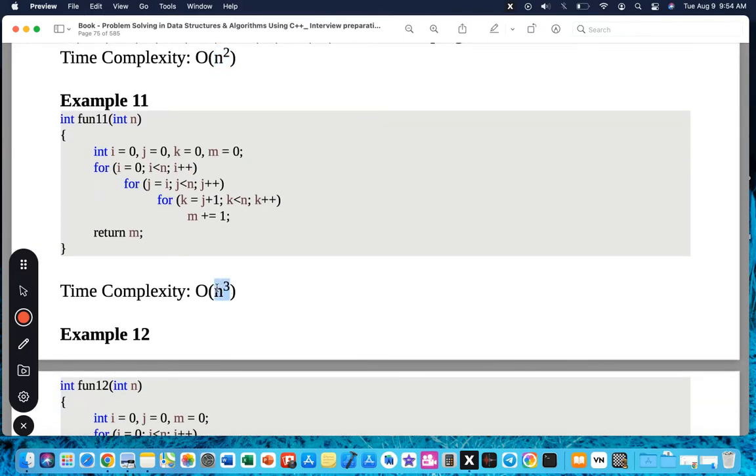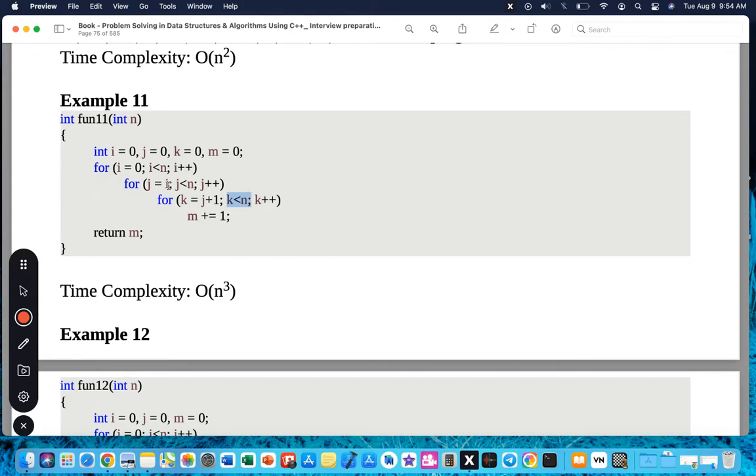Another example where the time complexity is n cubed. We have i and j and k, from 0 to n, similar to the previous example, from j equals i to n, and k equals j plus 1 to n.